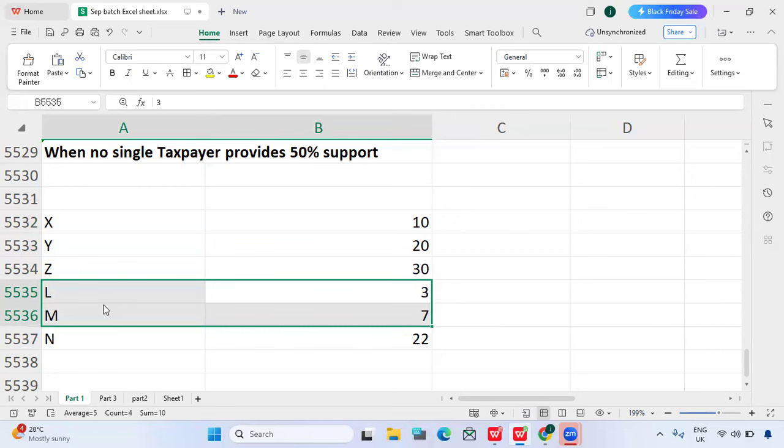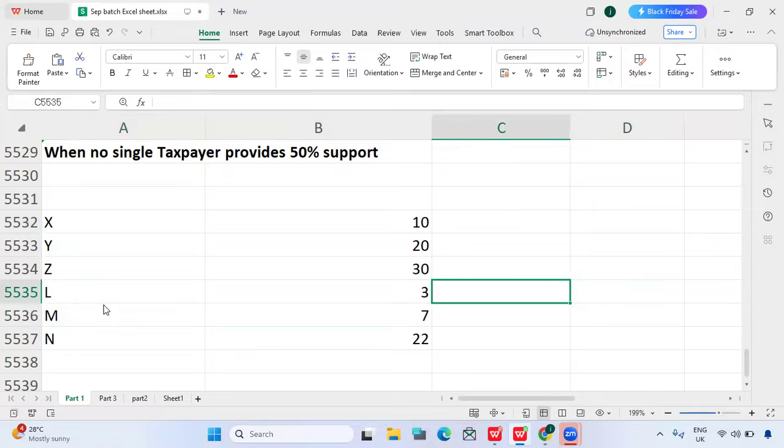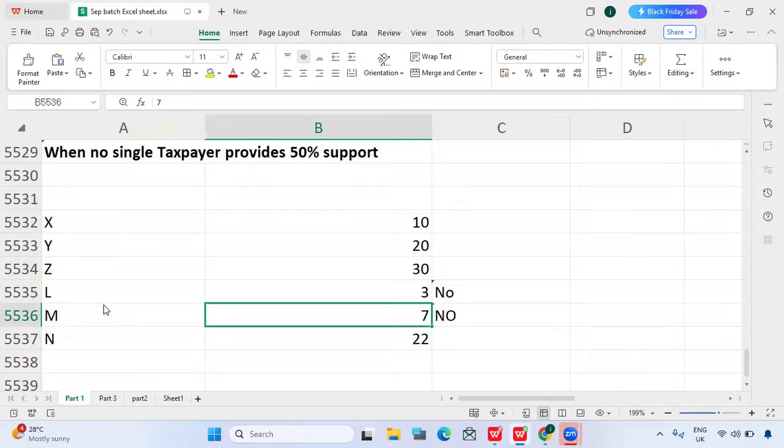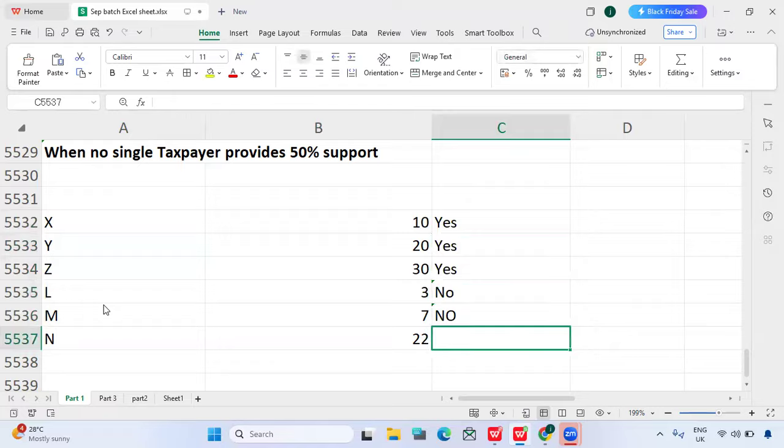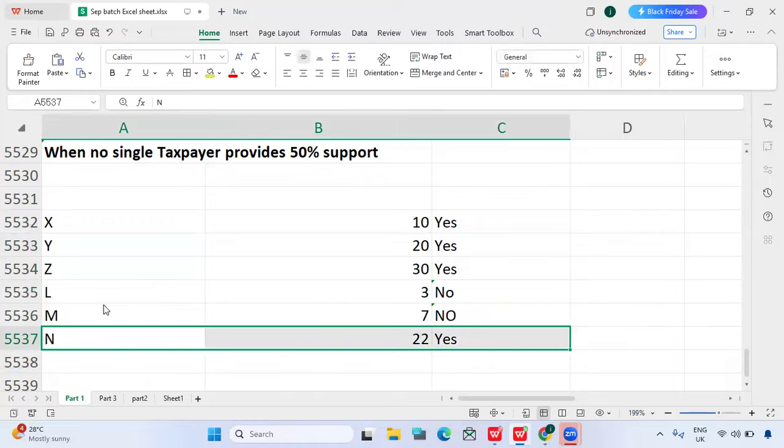So who can take the decision? Anyone providing more than 10% or equal to 10% can take decisions. Now L, M cannot take any decision, so they will not get any option. So who is providing more than 10% or equal to 10%? X, Y, and Z are also providing more than 10%.